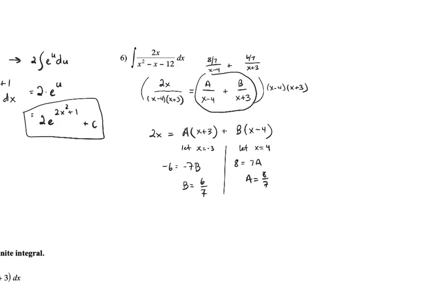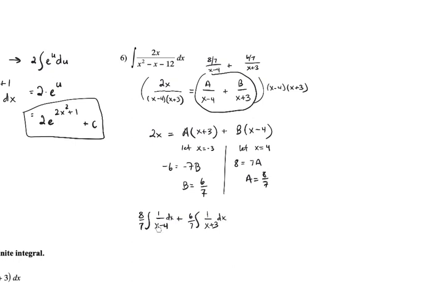So this turns into the integral of the first partial fraction, 8/7 over x minus 4. Now 8/7 I'm going to use as a coefficient here and just call it 1 over x minus 4. And then the second partial fraction, 6/7 over x plus 3, I'm going to move the 6/7 as a coefficient and call it 1 over x plus 3. These both need a dx.